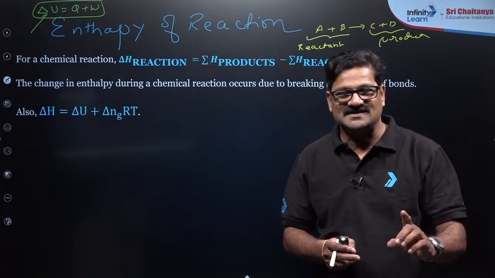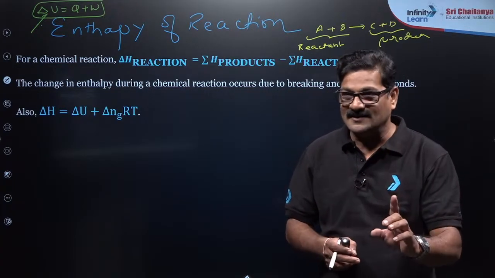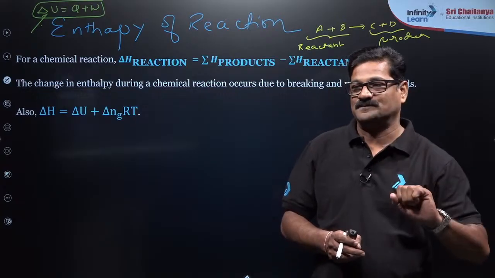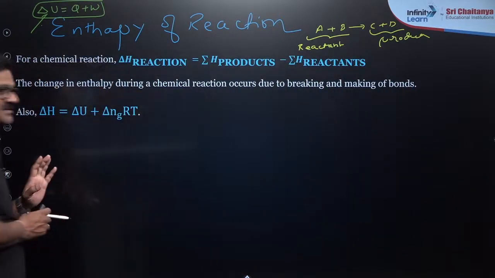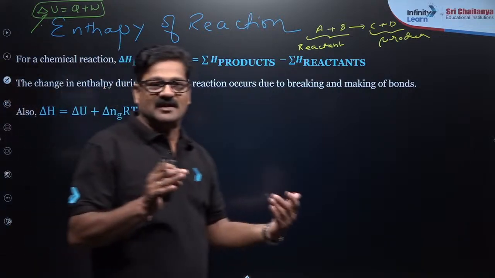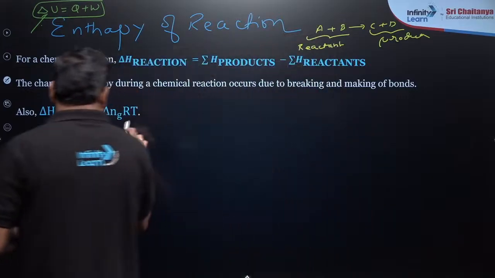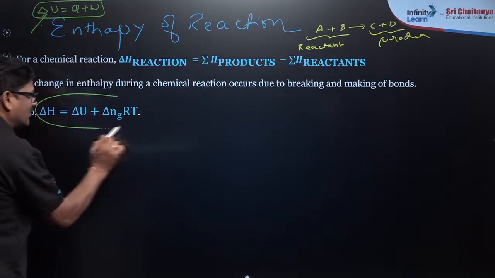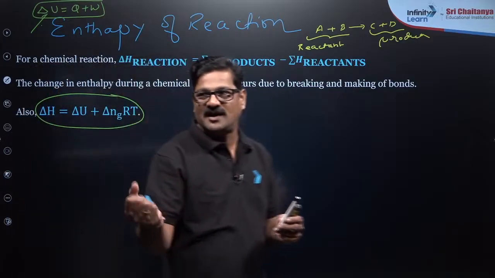Internal energy is the heat of a system at a constant volume, है ना? So ये दोनों में अंतर क्या होगा? So enthalpy is equal to internal energy plus PV work done. PV is equal to nRT, P delta V is equal to delta nRT. So delta nRT is very important, if you understand these applications of the first law of thermodynamics.